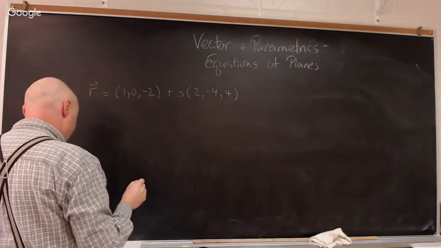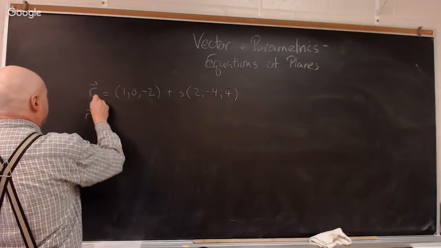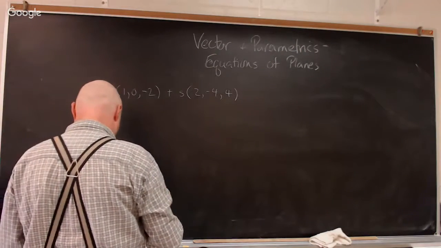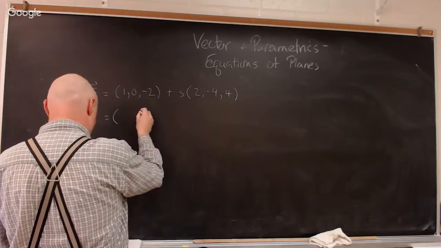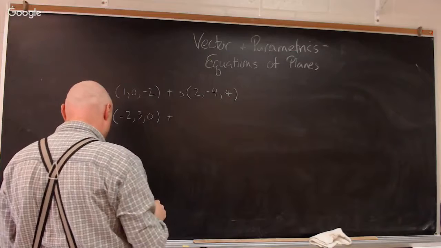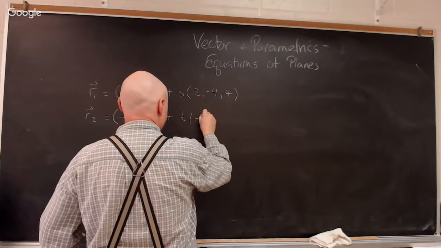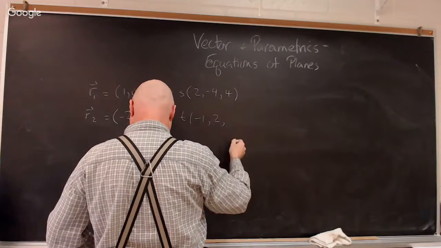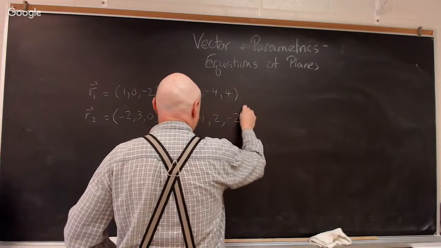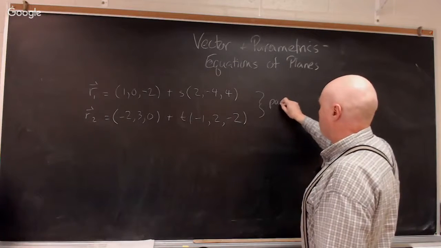And then we have a second one that's parallel to this first one. Negative 2, 3, 0 for a position vector, and then t times negative 1, 2, and negative 2. Okay, so those are parallel lines.